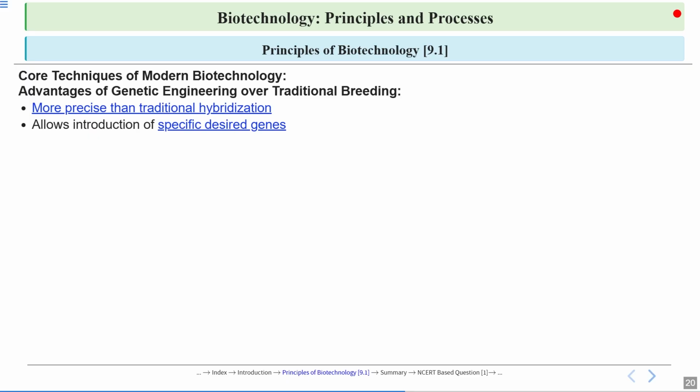But in traditional hybridization, undesired traits also come. So in that way, it is more advantageous.